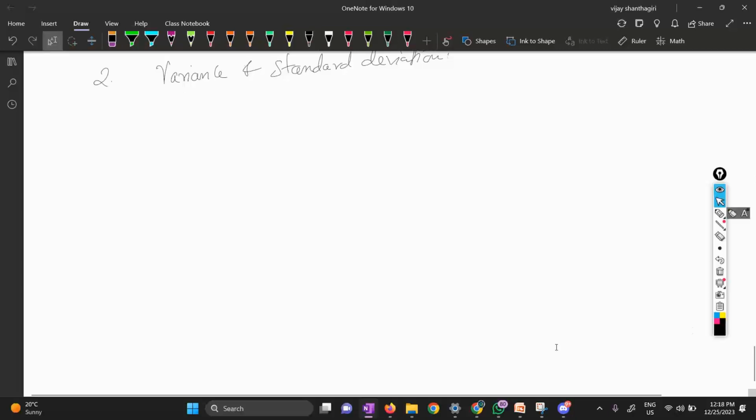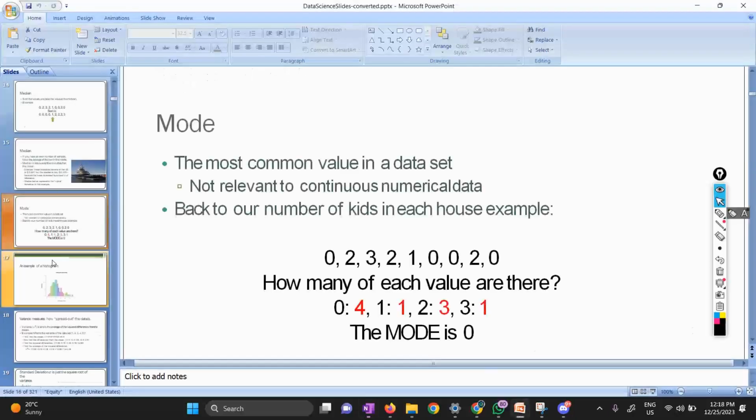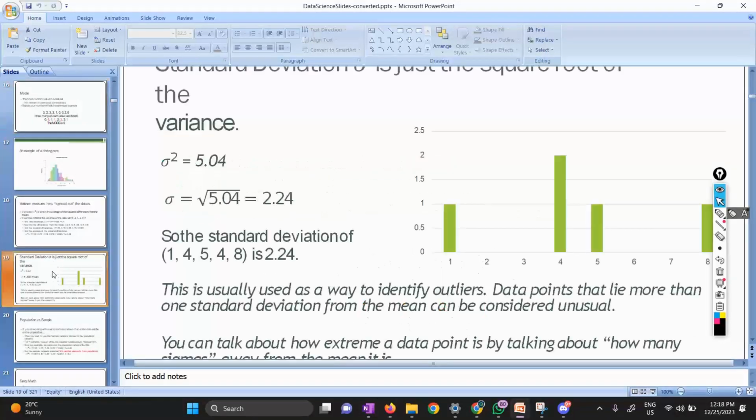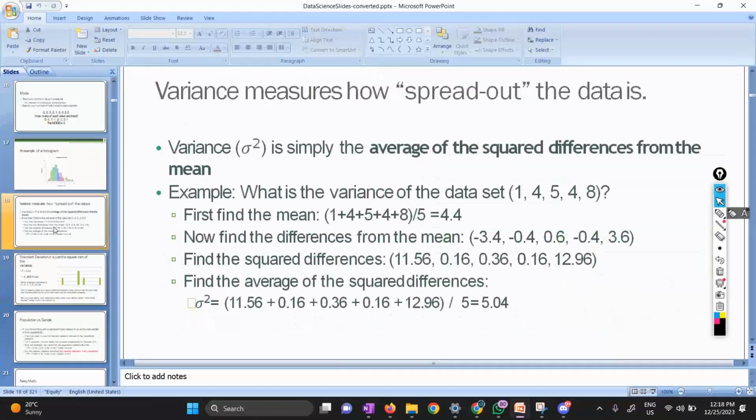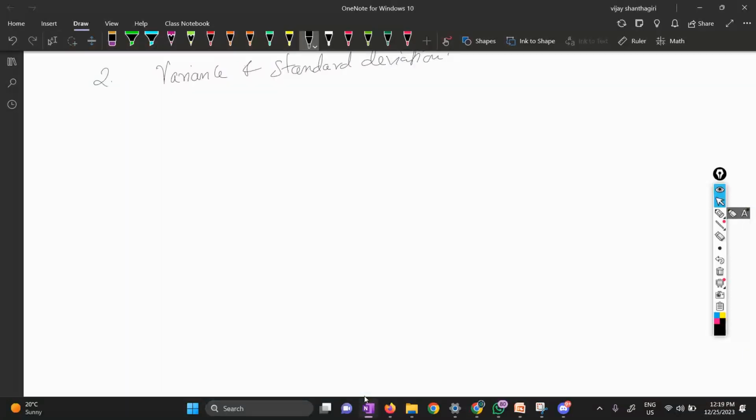So let's just take a simple distribution. Here, I think this is a better example, one which I have already listed over here: 1, 4, 5, 4, 8. Let's take another distribution, for example 1, 4, 5, 4, 8.